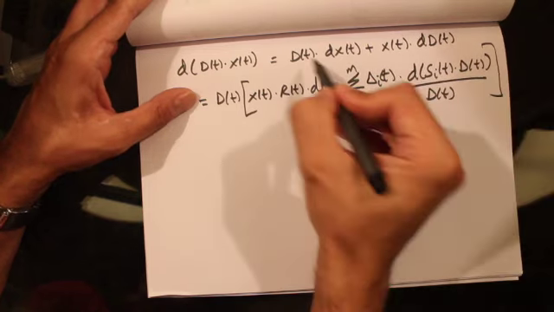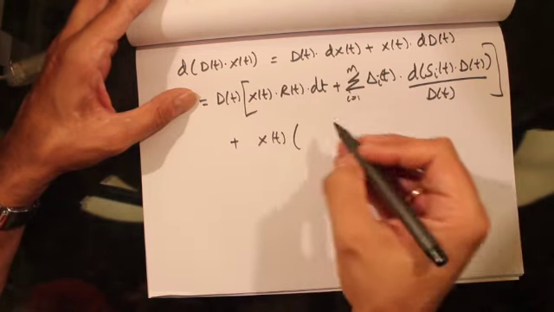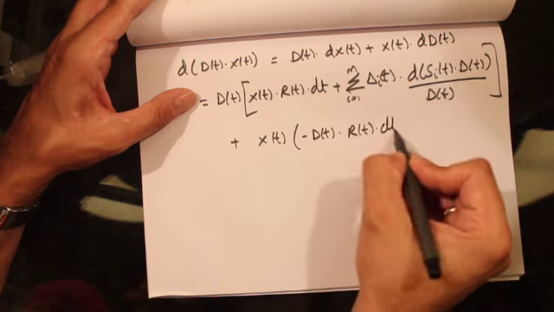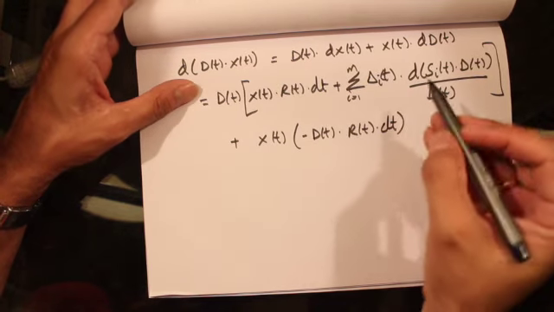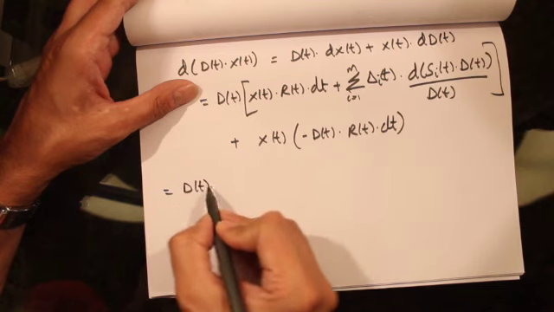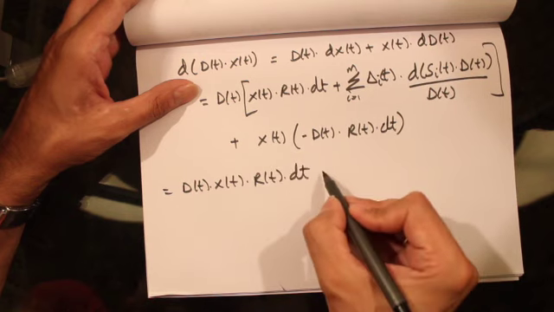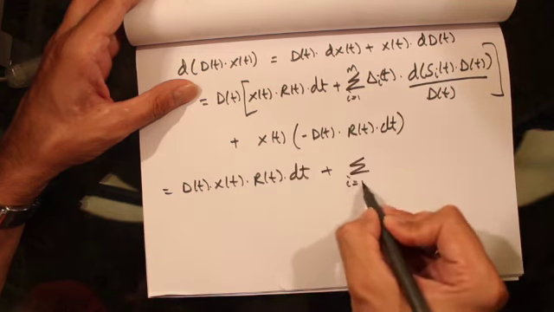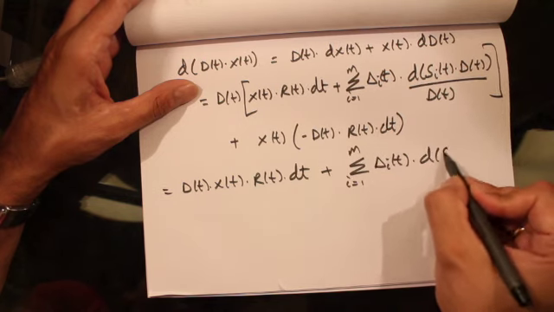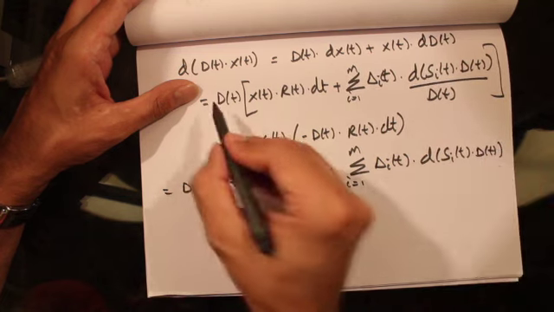That basically is the first term, and then we have X(t), and d of D(t) is nothing but minus D(t) R(t) dt. So we can open the brackets now. We'll get D(t) X(t) R(t) dt plus the summation i equals 1 to m Δi(t) dSi(t), and this dt cancels out.